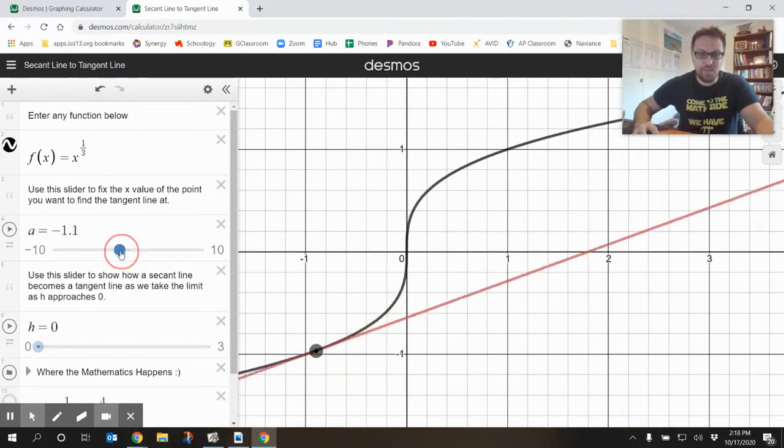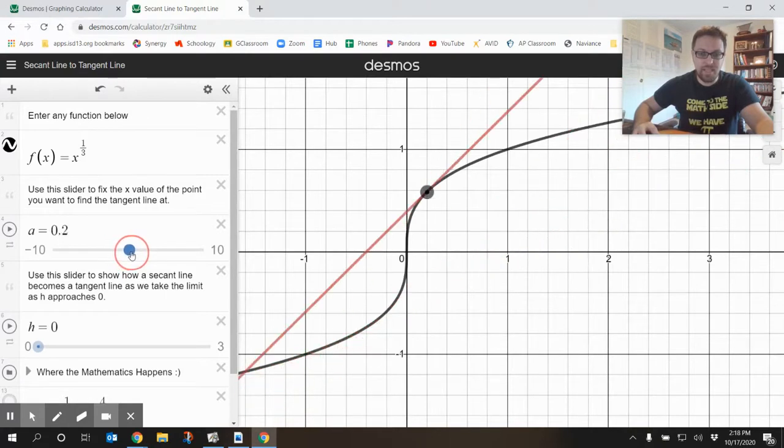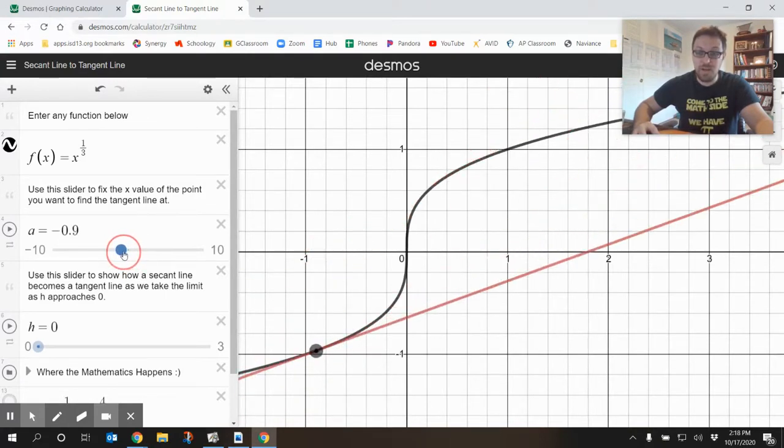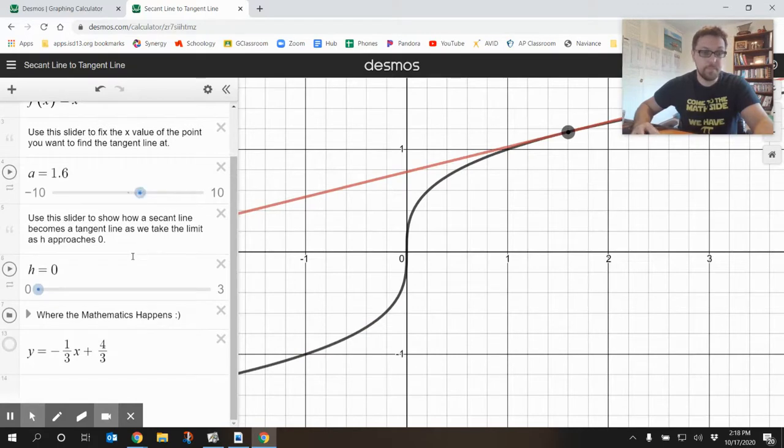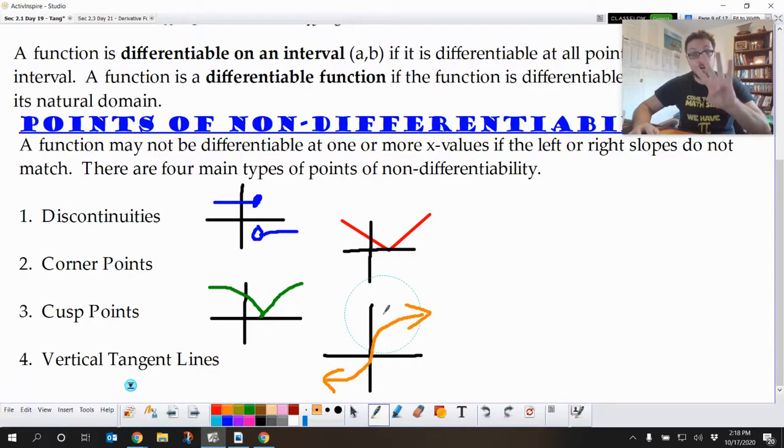It can't flow nicely when it reaches that vertical point because it has to go from underneath our graph to on top of our graph. We run into trouble there. We don't want to be running into trouble. So those are our 4 locations of non-differentiability.